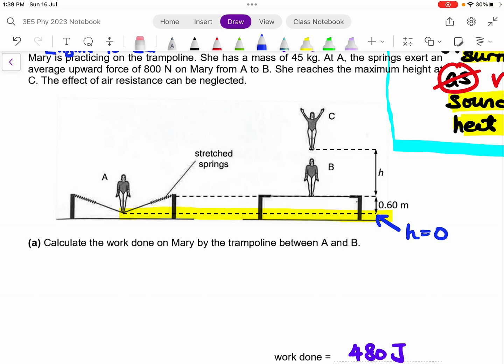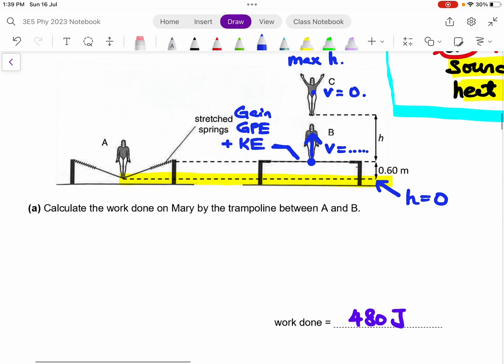At point B, there is a gain in GPE and also a gain of kinetic energy, because the gymnast must be moving with some speed. And at the max height, your speed is equal to 0.